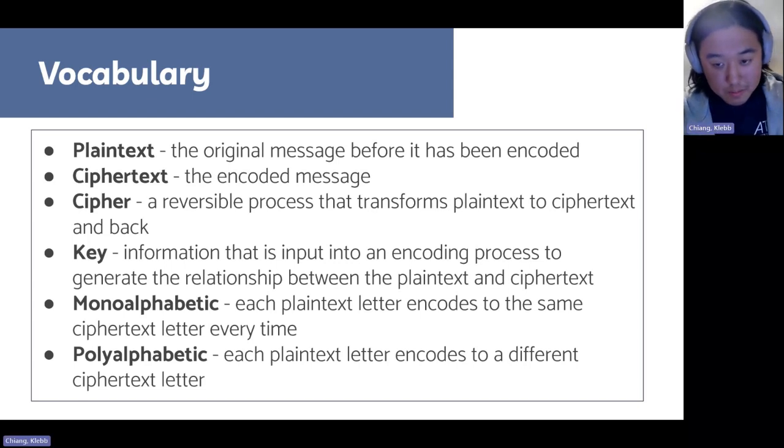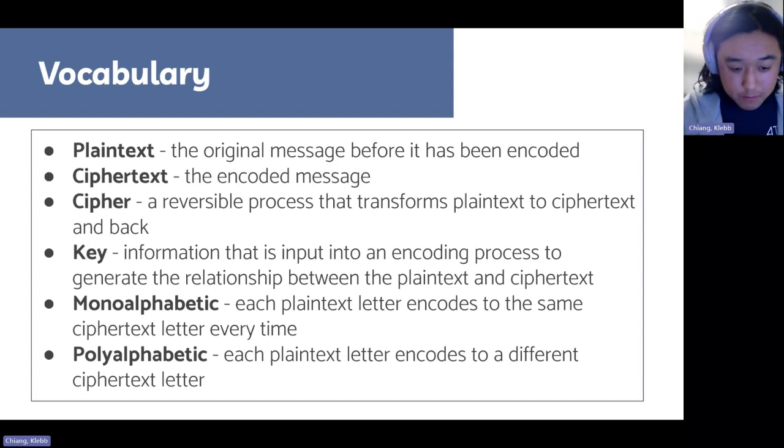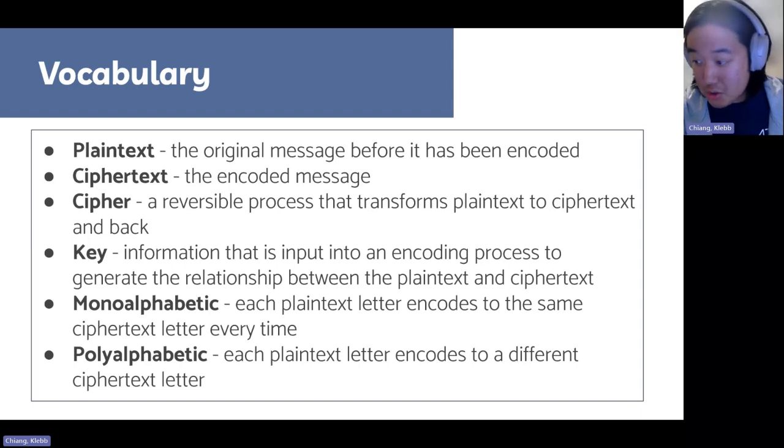So, for example, if A encodes to C, then A always encodes to C in that case. If B encodes to F, then B always encodes to F. Polyalphabetic usually just means that that's not the case, and it'll depend on some extra information. Okay. That's all the basics.